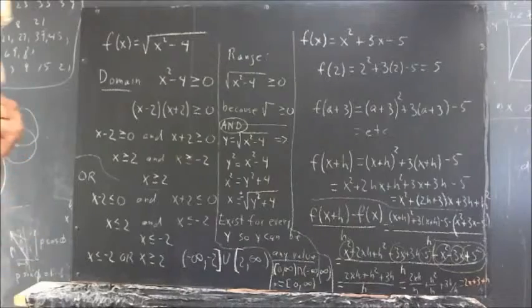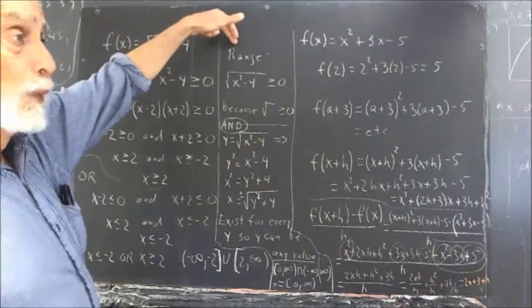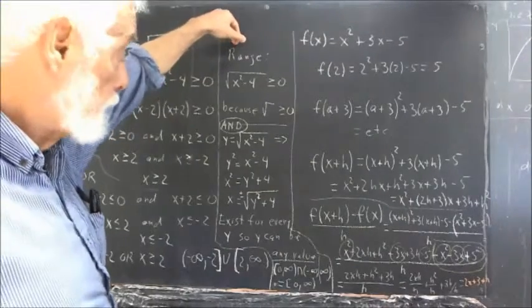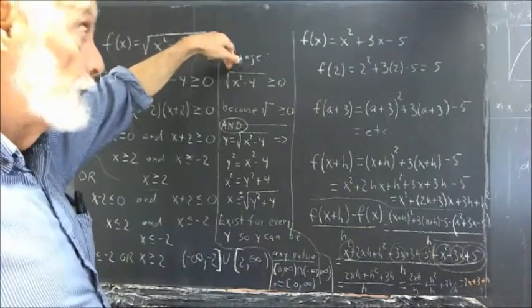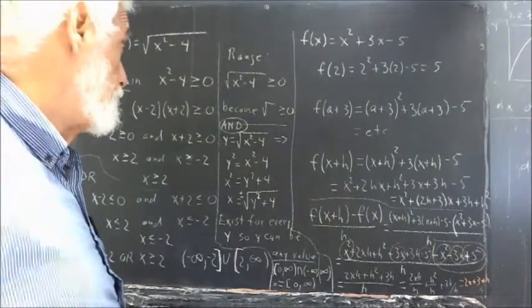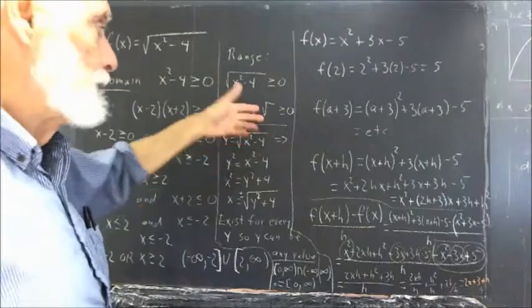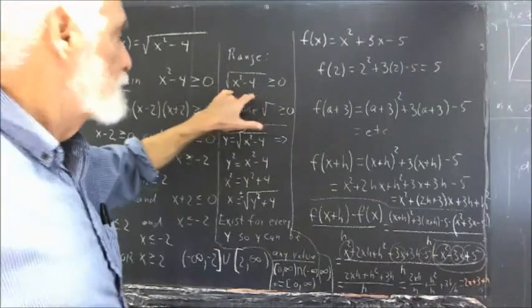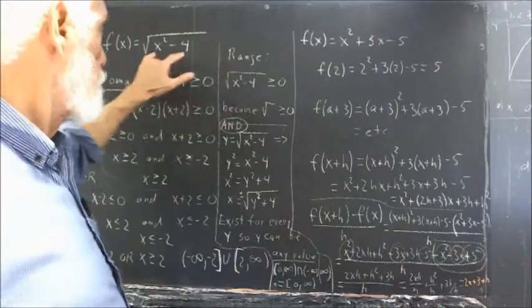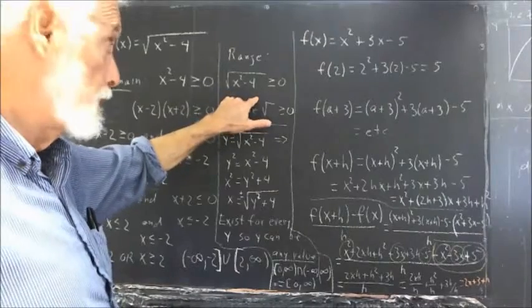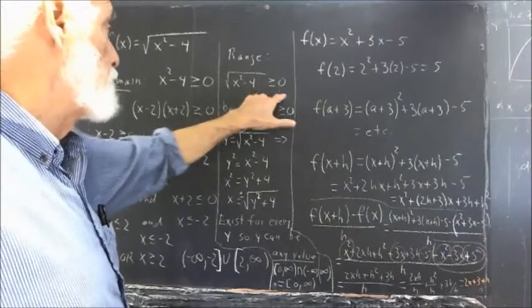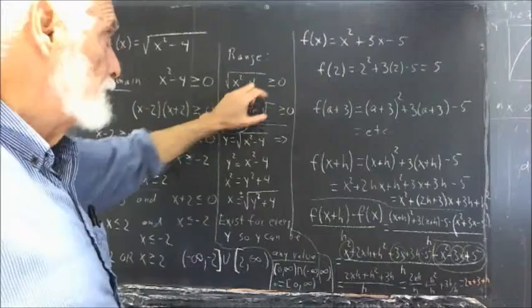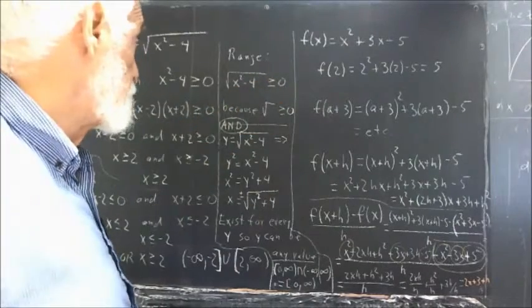To get the range, one thing we know for sure is that the square root of any number has to be greater than or equal to 0. Specifically, the square root of x squared minus 4, the expression we're considering, has to be greater than or equal to 0 because any square root has to be greater than or equal to 0.